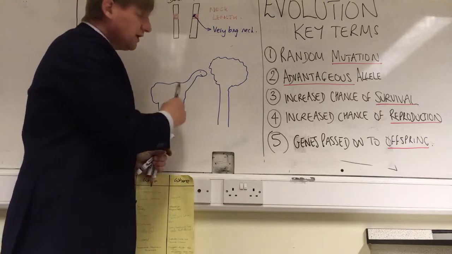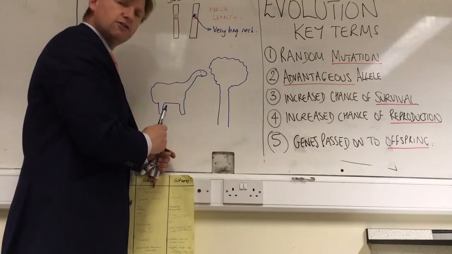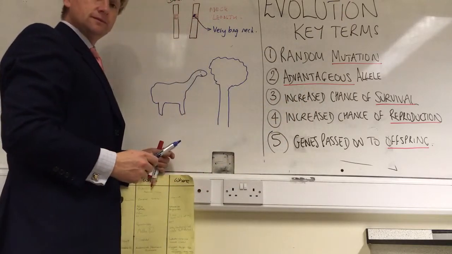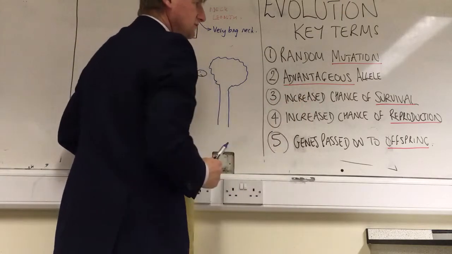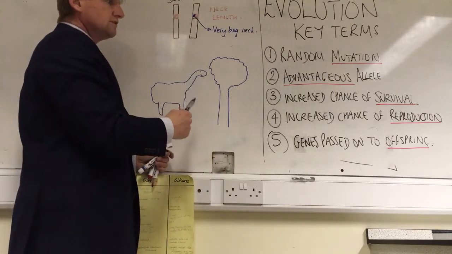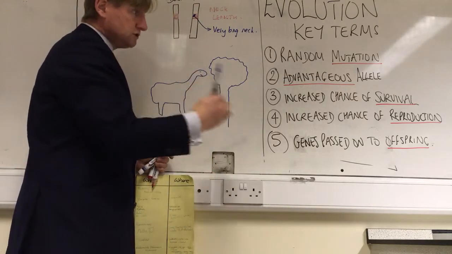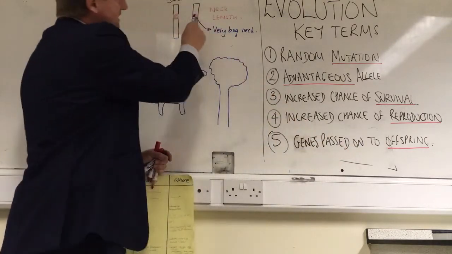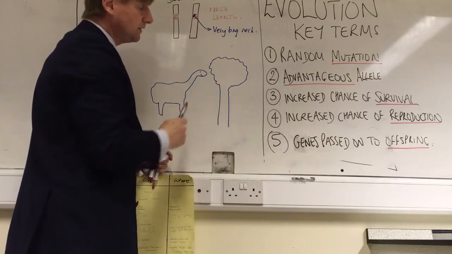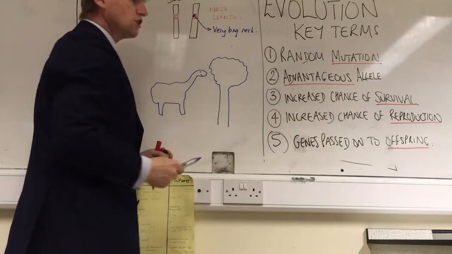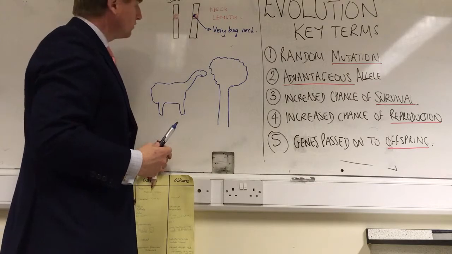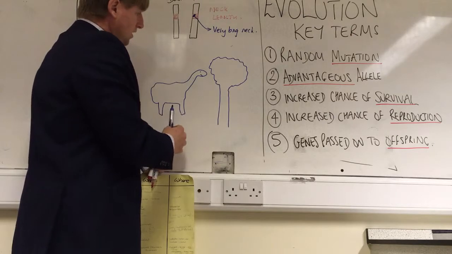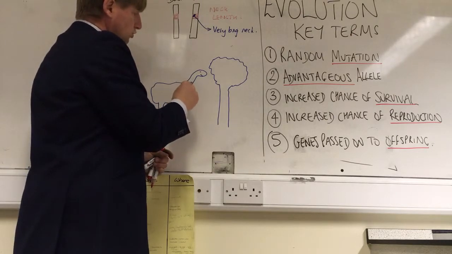Because if this longer-necked organism has an advantage and it can get food, it's got an increased chance of survival. And now, if it has got an increased chance of survival, it's got an increased chance of surviving to reproducing age, so it can have sex, and pass on this advantageous allele, or the gene, onto its offspring, which is the biological word for children. And so, we had an organism that had a neck that was shorter.